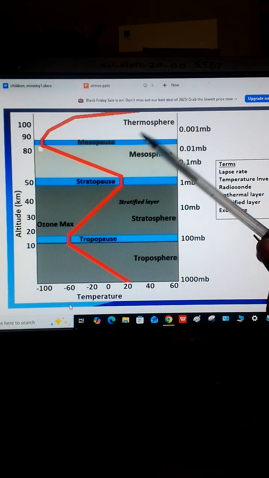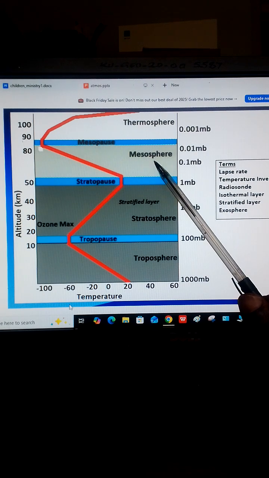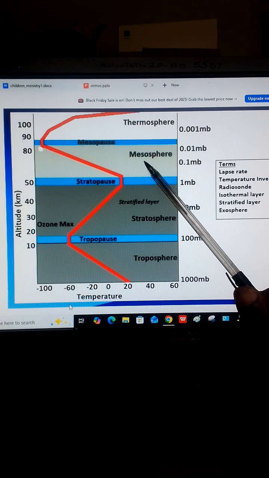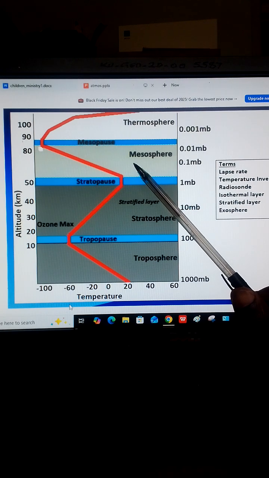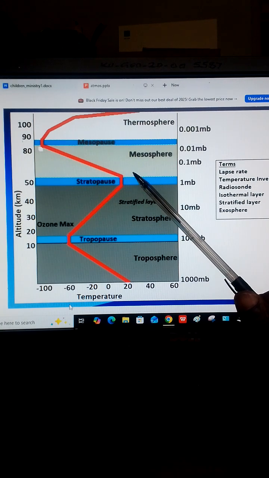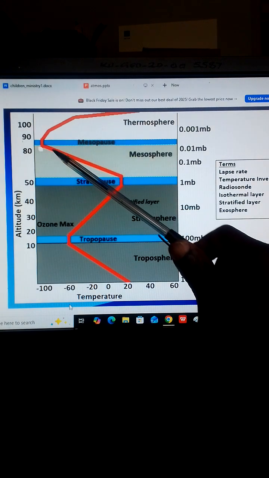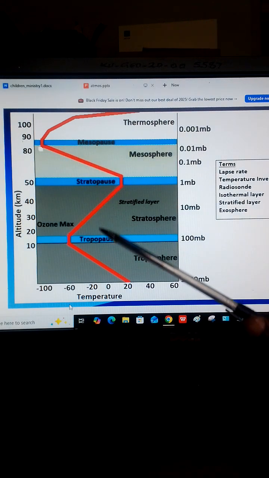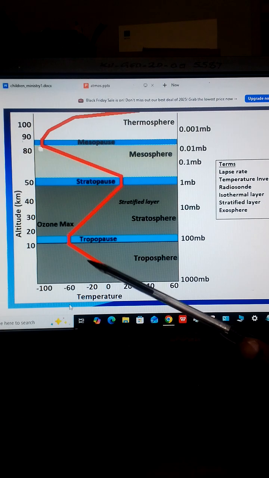In the mesosphere, we don't have much ozone as we have in the stratosphere. So there's little ozone to absorb the lethal ultraviolet rays. So in this case, temperature now decreases with the height. We have a positive lapse rate, just as we have in the troposphere.